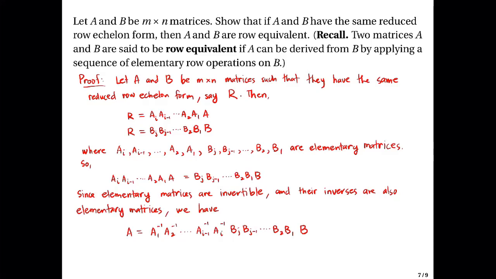And that's it. You can derive A by applying elementary row operations on B, or A is just a product of elementary matrices times B. And that's precisely what we want to prove.